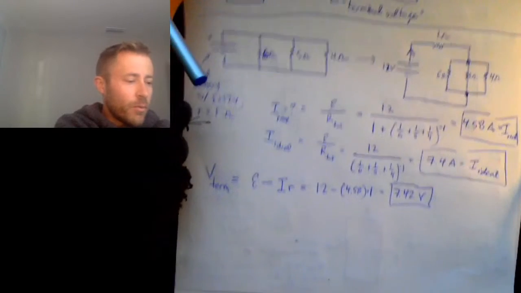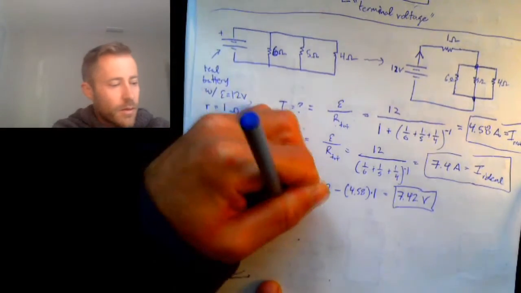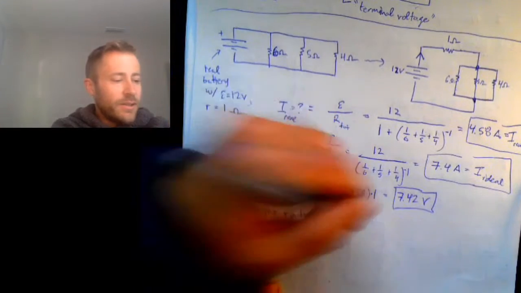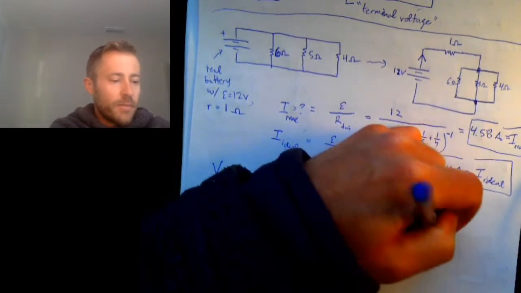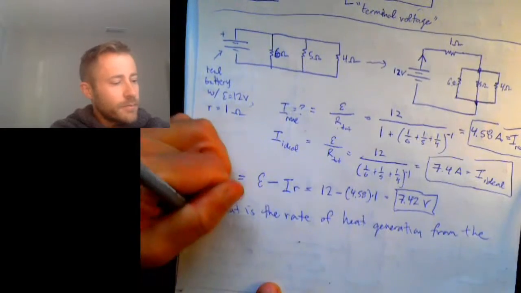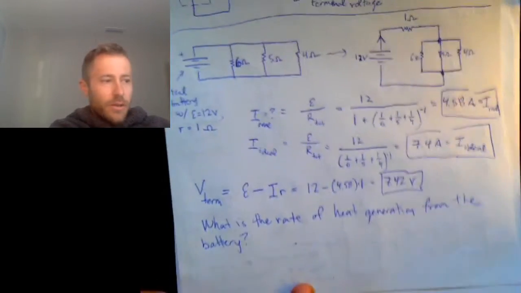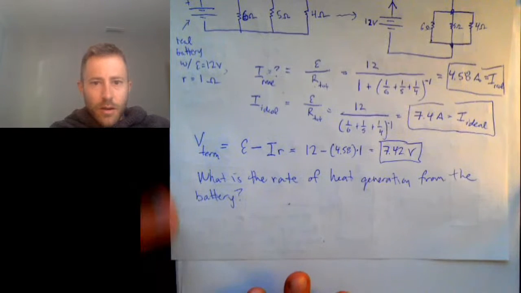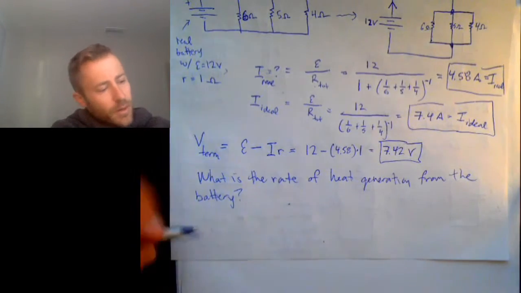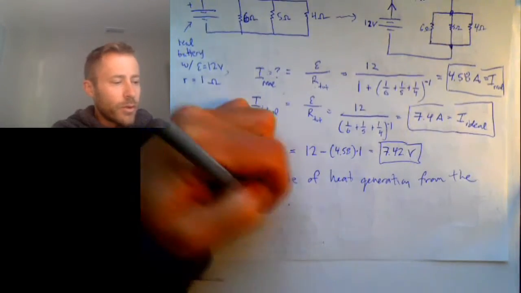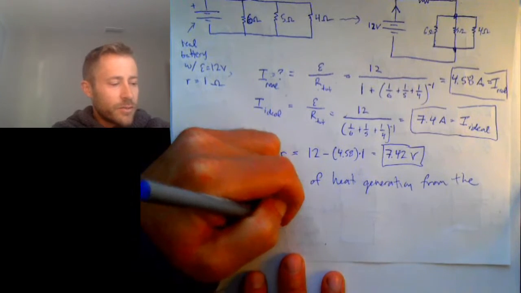And I'll ask one more, which is, what is the rate of heat generation from the battery? As I said, the internal resistance generates the heat of the battery. So really what I'm asking is, what is the power dissipated by the internal resistance?